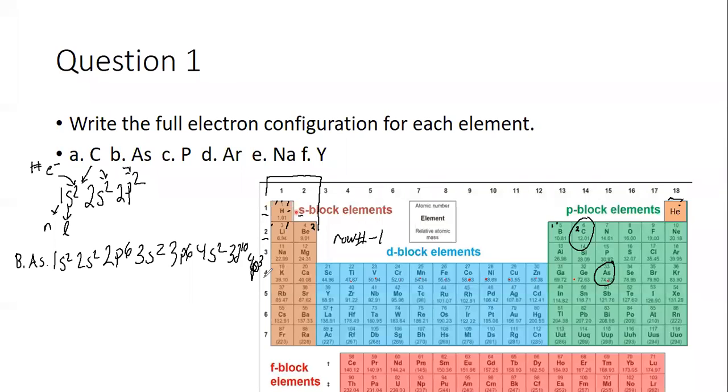And so our complete electron configuration for As is 1s2, 2s2, 2p6, 3s2, 3p6, 4s2, 3d10, 4p3. And that information is all given in the periodic table as long as we know how to read the periodic table. All right, if you have questions about that, please do ask.